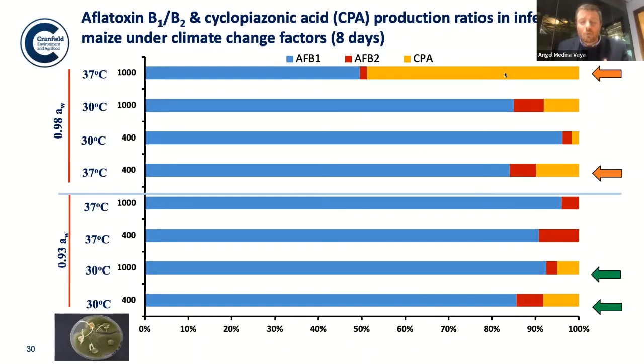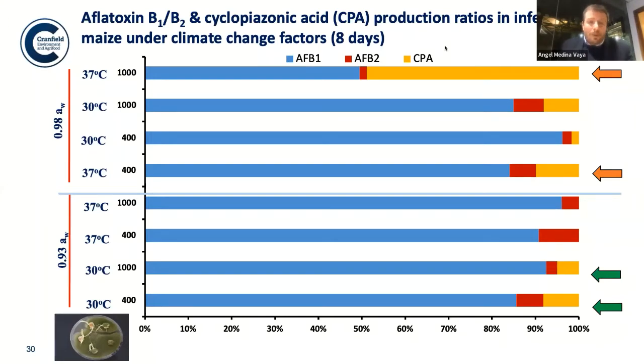So we could see that with our approach of looking at the genes and using this new data, we can predict that there are going to be problems and some other components or some other toxins might become important as we move further in time.